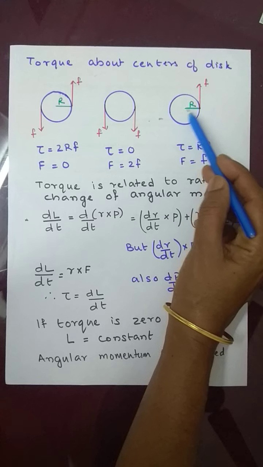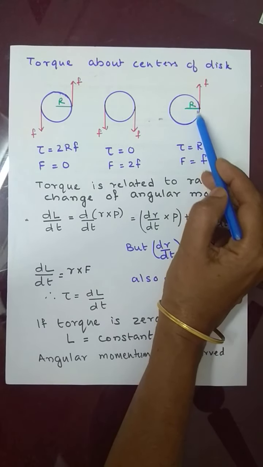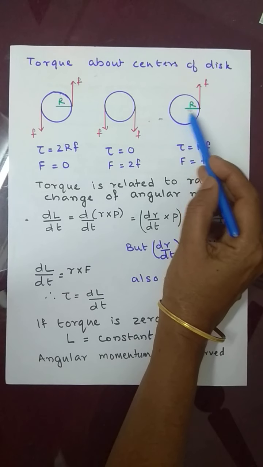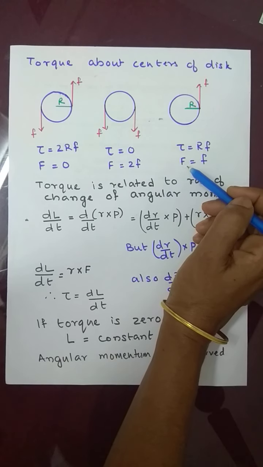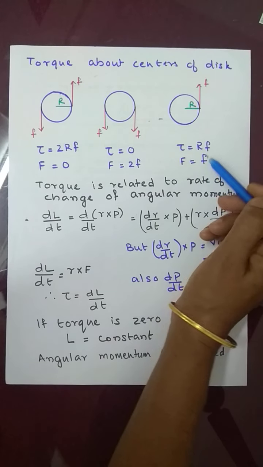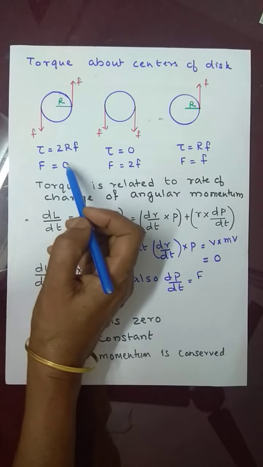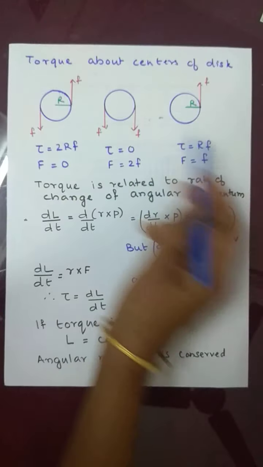Now the third case, I have only one force acting in this direction, which is trying to rotate it in the anti-clockwise direction. The distance is r, so the torque is rF and the total force is F. So these are the three different cases. You can have torque with 0 force, you can have force with 0 torque also. So these conditions are possible.